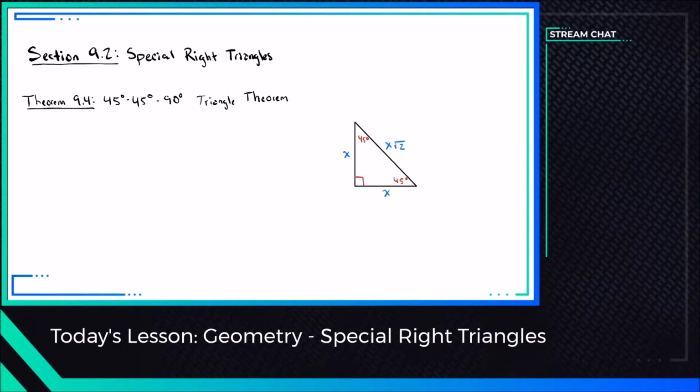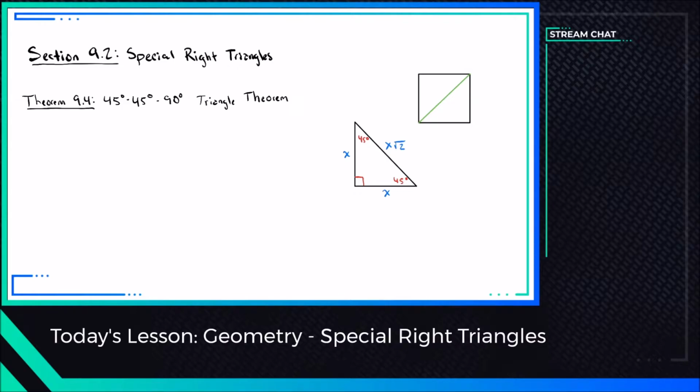And a good way to view a 45, 45, 90 is if we were to take, say, like a square. It's close enough. And we cut that square in half. So when you cut a square in half diagonally, you get two 45, 45, 90 right triangles.